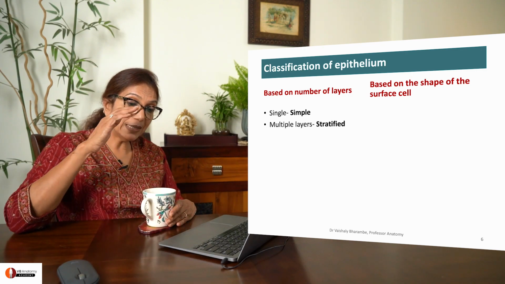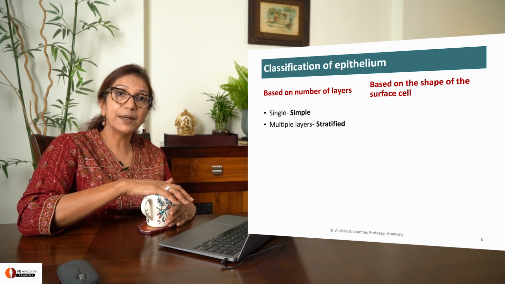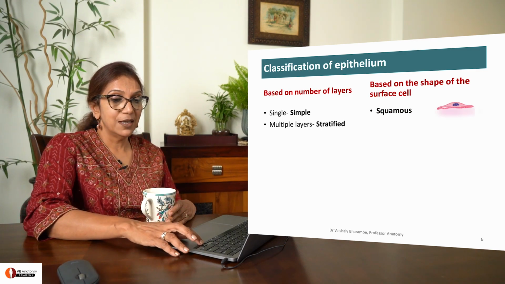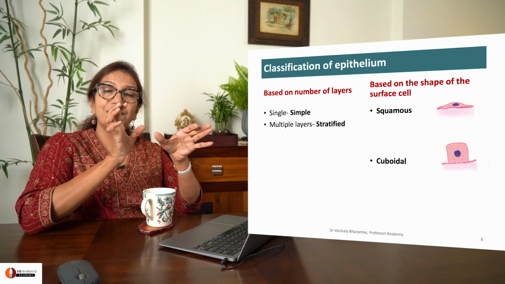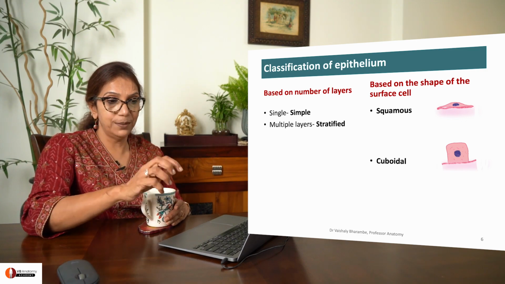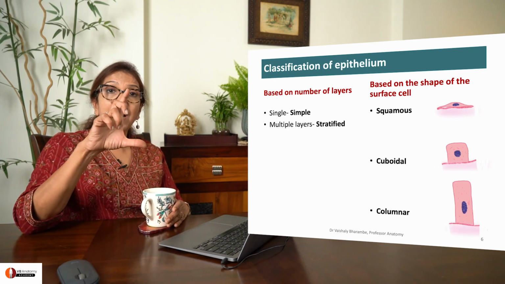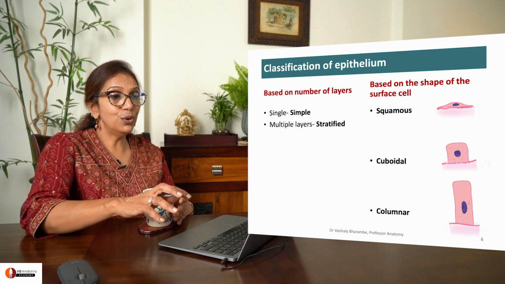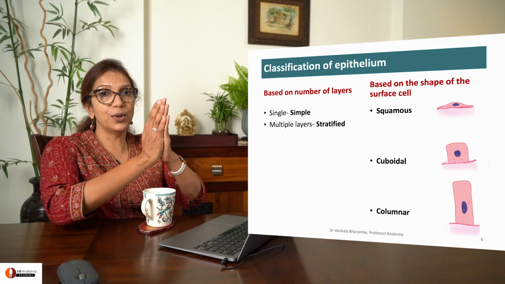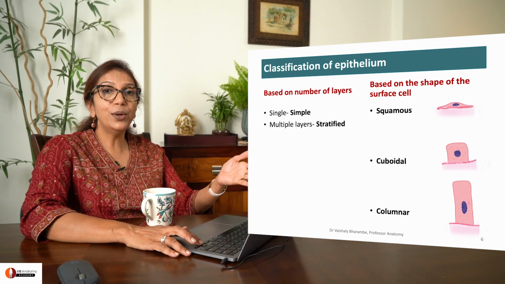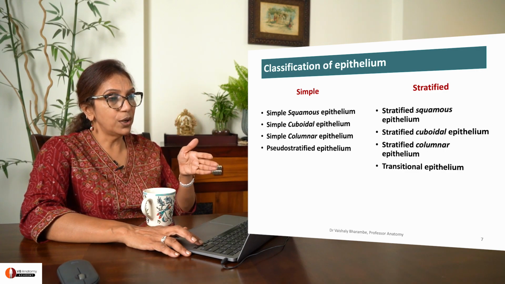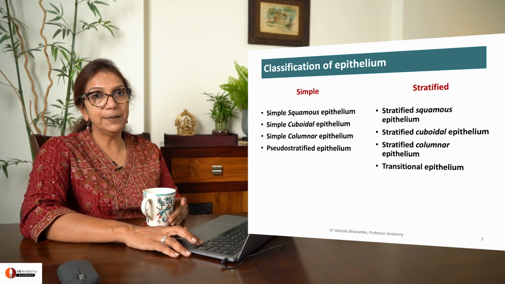Now, what is the type of cell on the top of epithelium? If it's a flat cell, you call it squamous. If the height of the cell is equal to the width of the cell, you call it cuboidal. If the height is way more than the width, you call it columnar. So, putting these two together, you have following type of epithelia: simple squamous, cuboidal, columnar, pseudostratified epithelium.